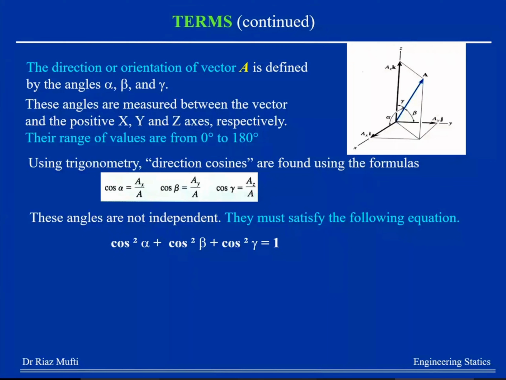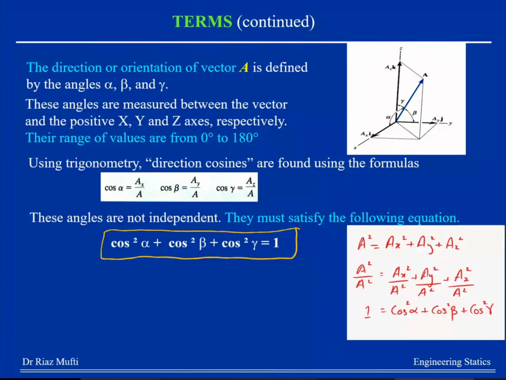And the reason why is this: they must satisfy this condition. Cos square alpha plus cos square beta plus cos square gamma equals 1. How we get this, I've done it for you so you can have a look at it. So this is the condition that you have to remember in 3D.